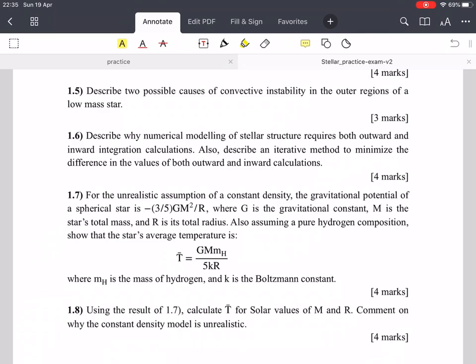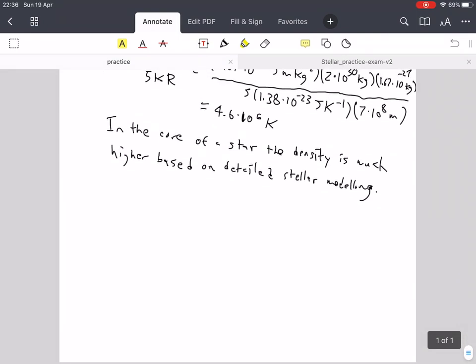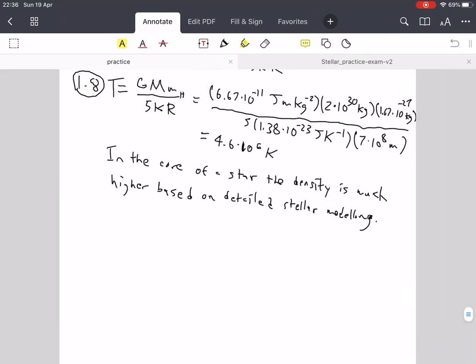And the question is asking to describe why numerical modeling requires both outward and inward integration, and what is an iterative method that you can use to minimize the difference in the values. So this is already telling you that you should be getting possibly quite different values depending on which direction you are integrating.